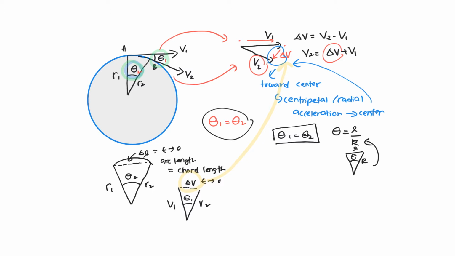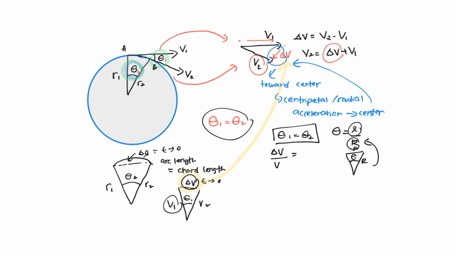Now we are going to use this concept, theta 1 equals theta 2. Theta 1 is going to be this one, and as t approaches 0, or t is very, very small, your L here is going to be your change of v. Your R here is going to be v1 or v2, because as I mentioned before, if t approaches 0, v1 and v2 are basically parallel to each other, so you get v.